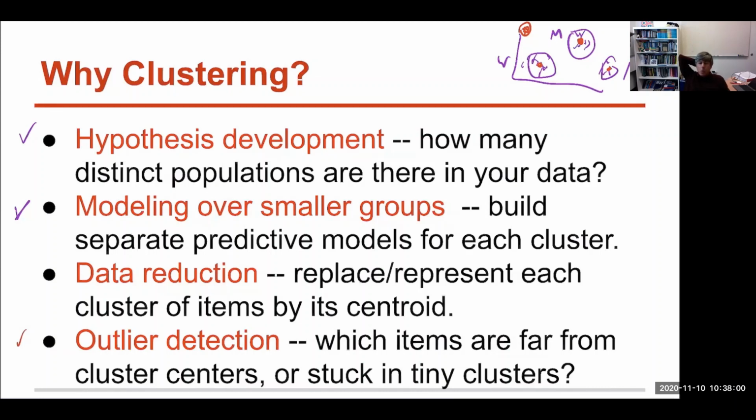So one possibility is you look for tiny clusters. If this guy's a cluster by itself, it's probably an outlier. Or if this guy has been assigned to a cluster but is far from the center, it probably is an outlier. So that kind of analysis goes hand in hand with clustering. Any questions?